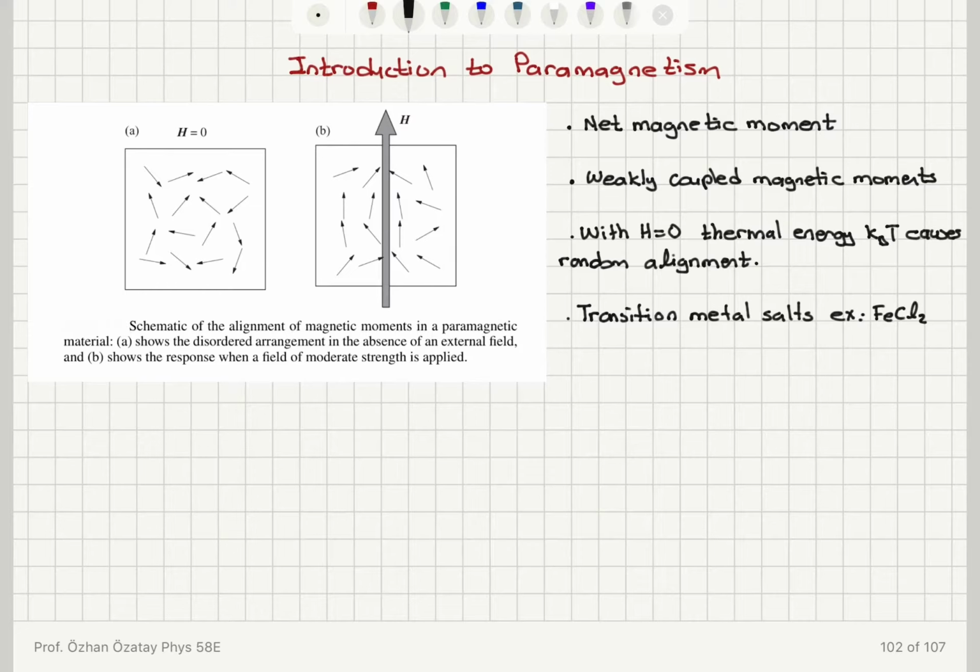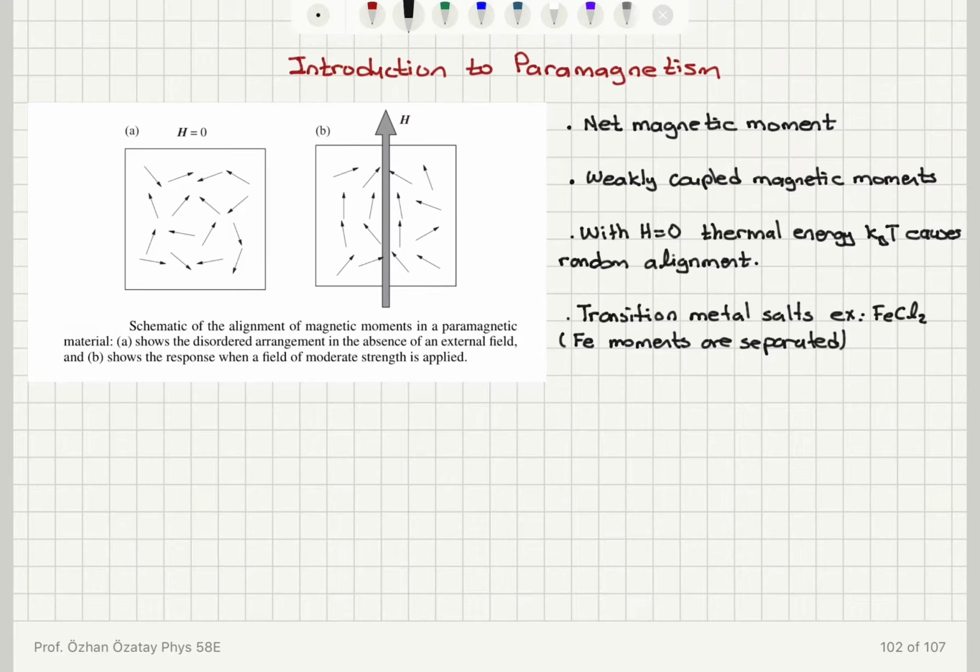So what happens in these transition metal salts is that, for example, in iron chloride, the transition metal moments, iron moments, are separated, so they have weak coupling between them.